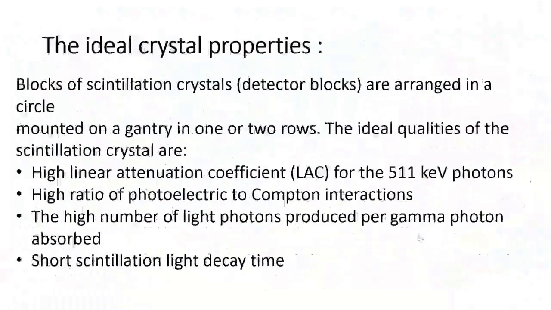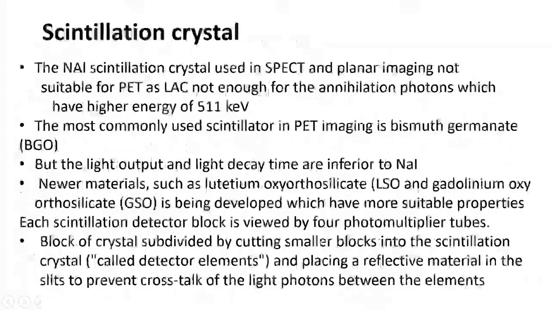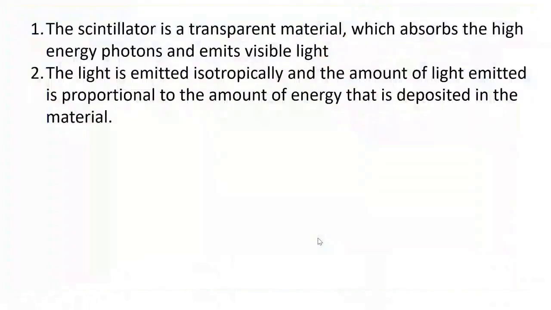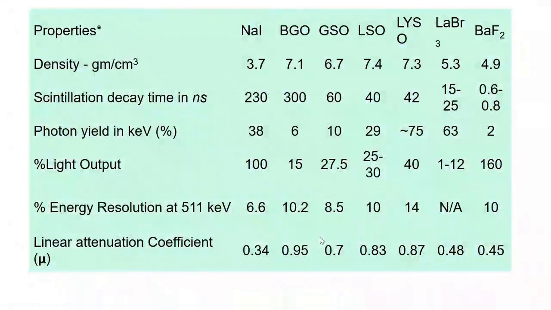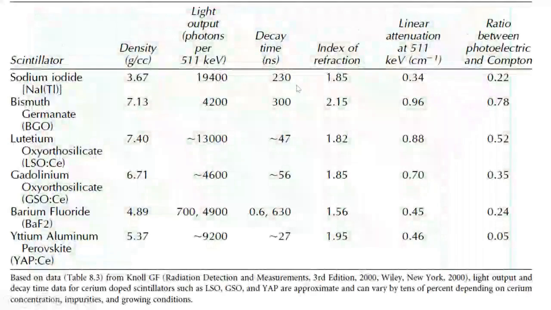Let's return to this topic. Crystals come in various forms and compositions, each with unique properties and applications. For instance, sodium iodide is often used in radiation detection due to its scintillation properties.